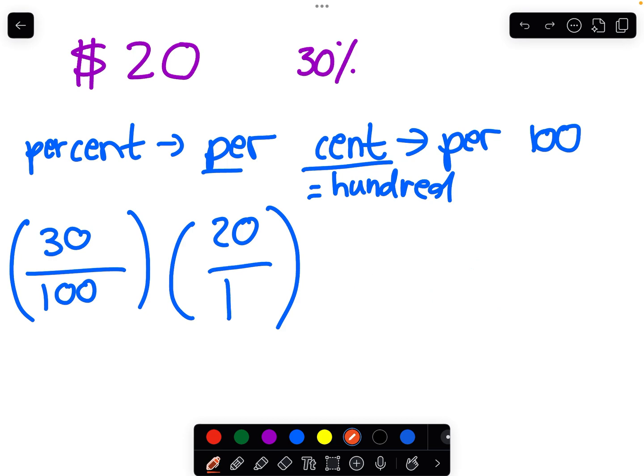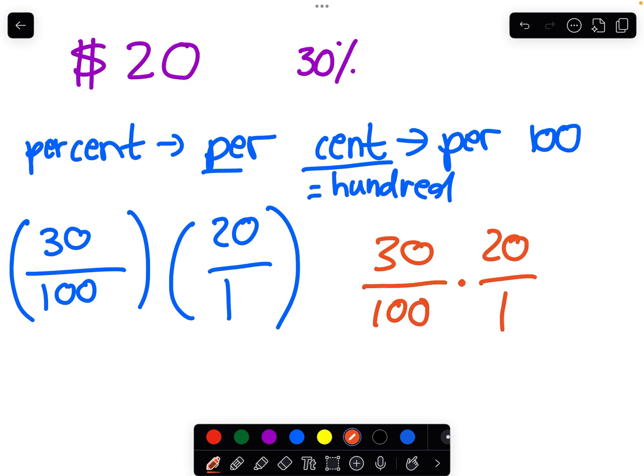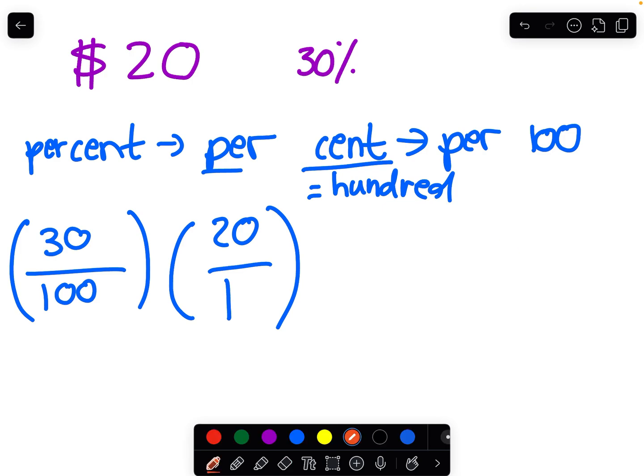If you don't like doing it that way, you can also do 30 over 100 times 20 over 1. With junior high school students, I get out of the practice of using the multiplication sign, because we are phasing that out since X is used too frequently in algebra.